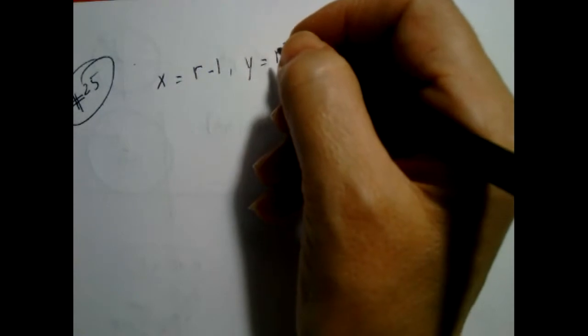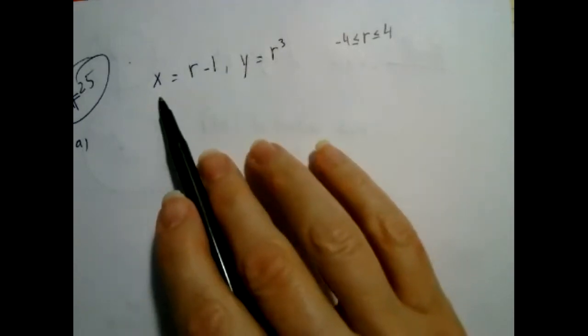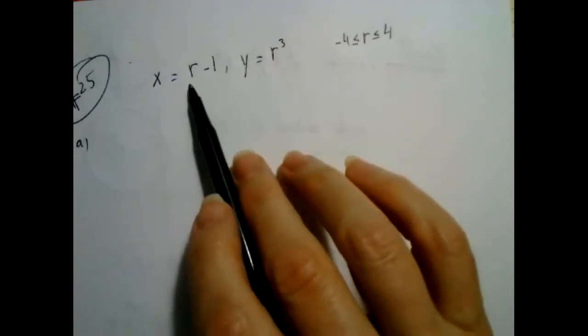And my r is between -4 and 4. Part A is to eliminate the parameter. So how can I find an equation that relates x and y that is independent of t?